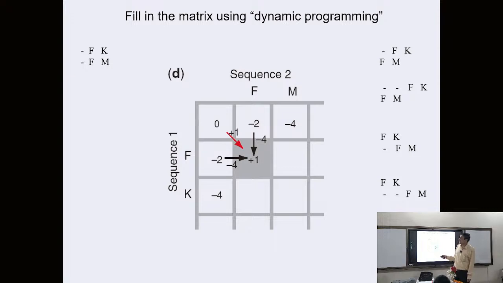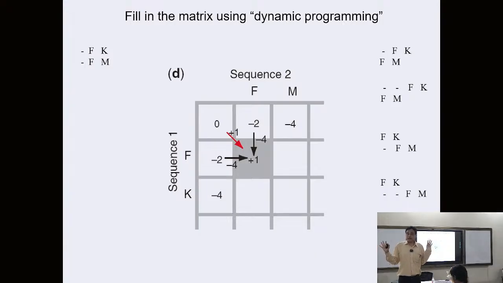What are the indices here? This is position index 1, this is position index 2, and what is this gap? 0, right? And similarly, this is also 0. So the 0th position in the first sequence and the 0th position in the second sequence. So this is F00, right?